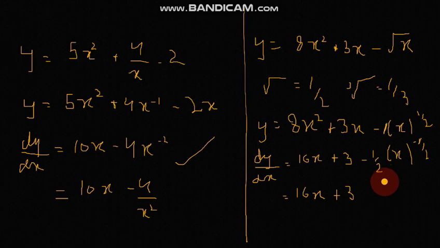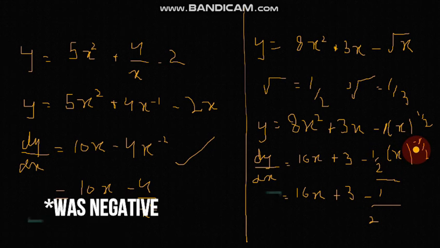Now we know that this is minus 1 over 2 x with power minus 1 over 2. So if I take this x to the power minus 1 over 2 with 2 over here below 1, this will become positive, right? We know that. So this will be minus 1 over 2, right? This is the same 2 over here, right?